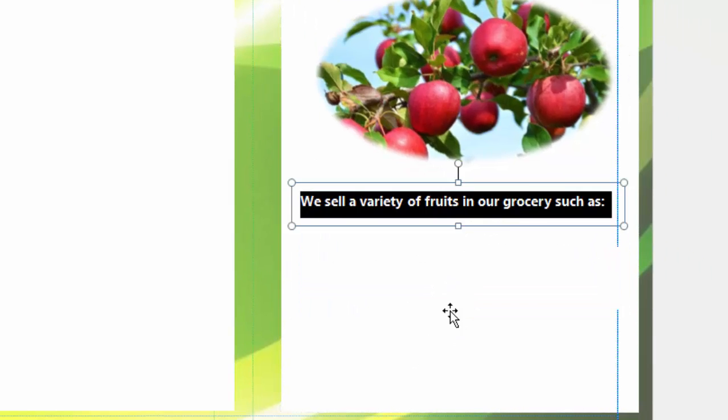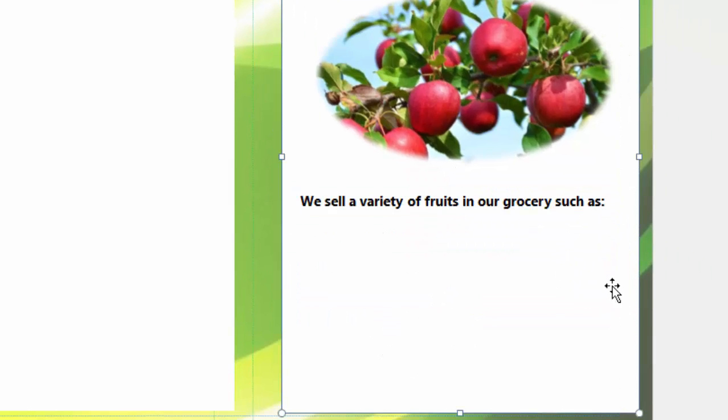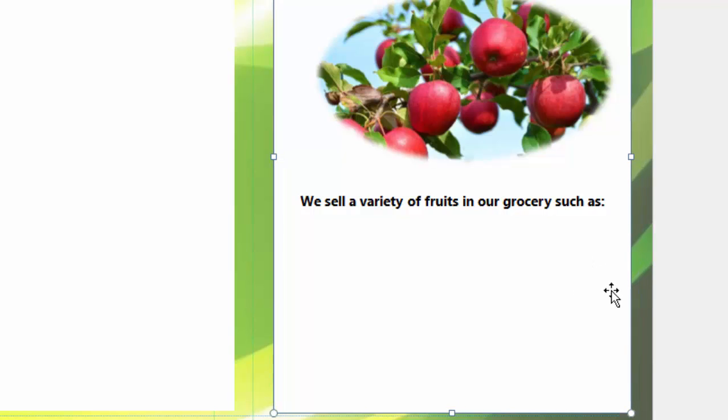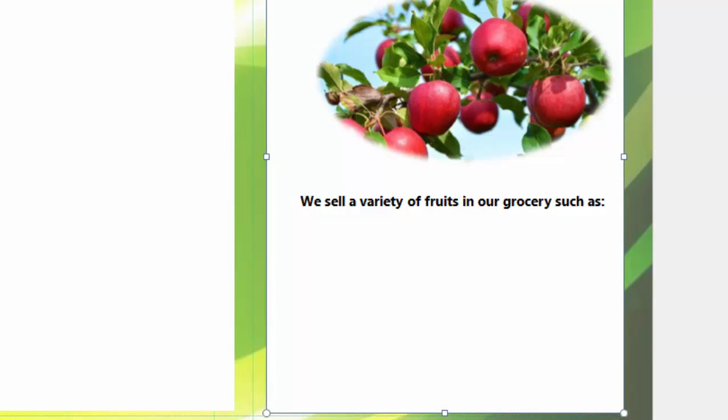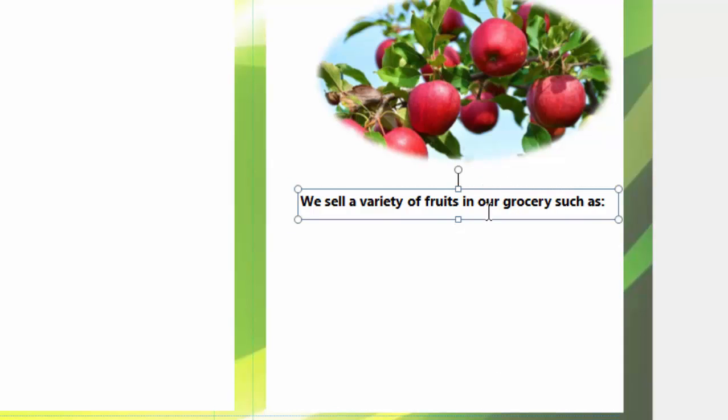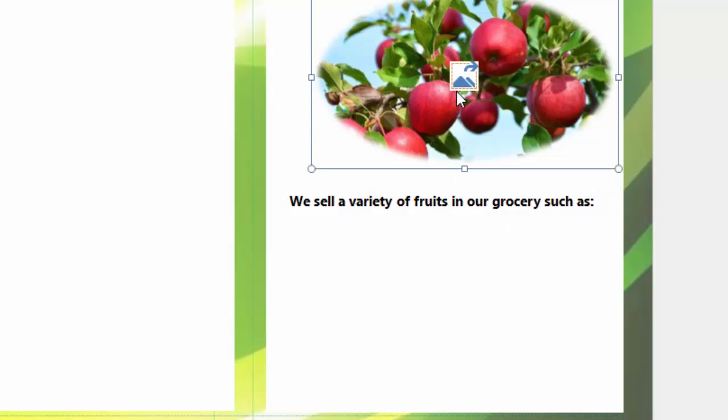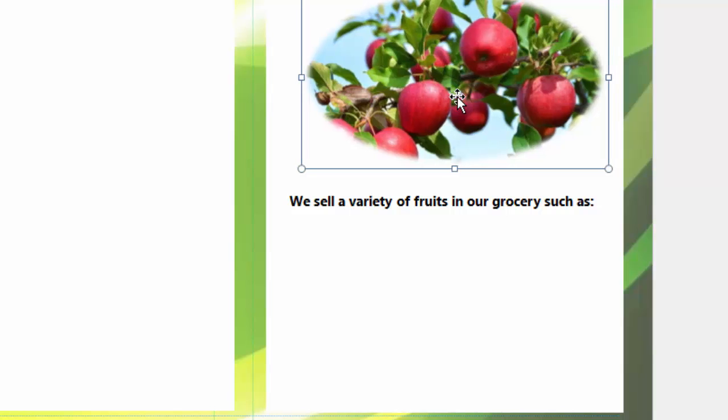Now I want to go ahead and list my fruits. This shape is moving, it should not move. We should always check that everything is well balanced in the middle.